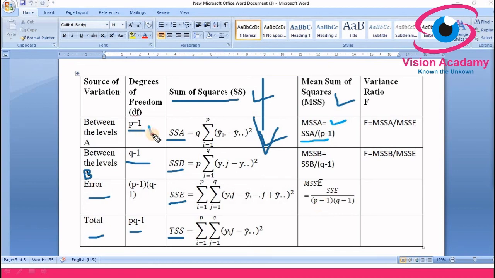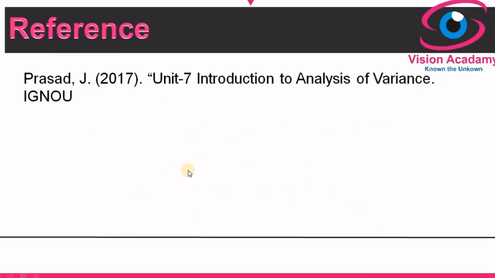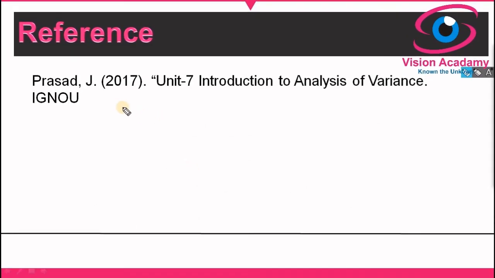The degree of freedom relating to level of factor A is carried here, the degree of freedom relating to level of B is carried here for MSSB, and the degree of freedom related to error is carried here in the MSSE. Finally, we need to calculate the F ratio: F is equal to MSSA divided by MSSE, and MSSB divided by MSSE. So these things are very important for calculating two-way analysis of variance.